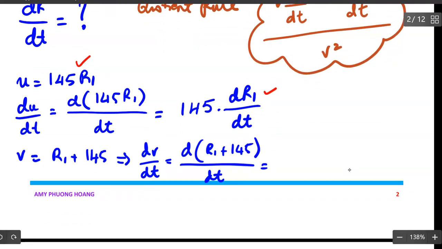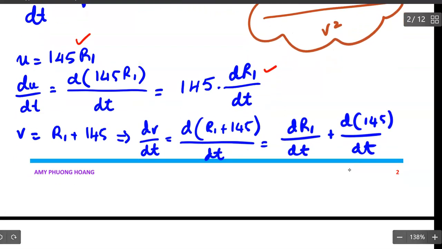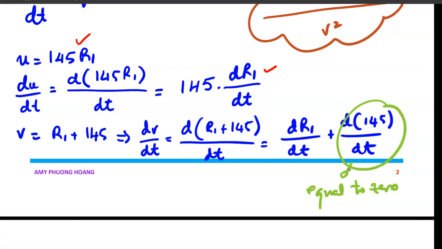Then you break this into two: the derivative of R1 as a function of time and the derivative of 145 as a function of time. And you see this is actually equal to 0, because you are differentiating a constant, which turns into 0.